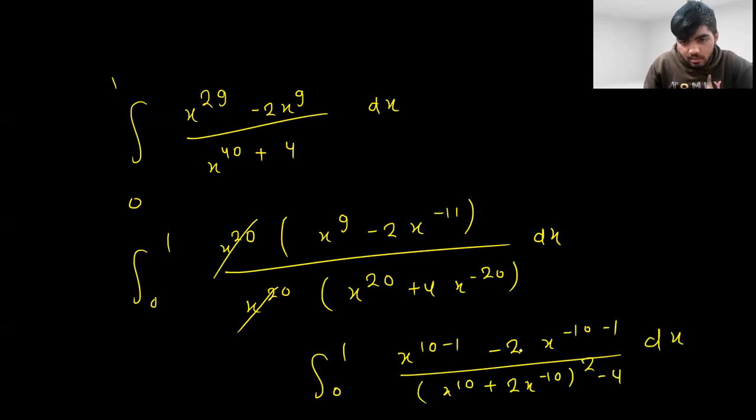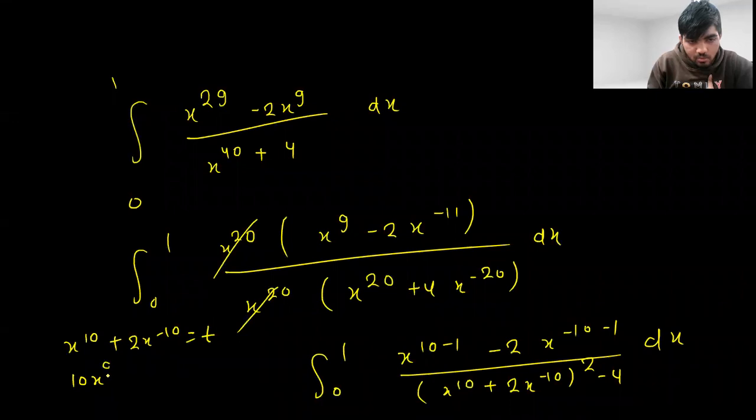Simple algebra. If you substitute x^10 plus 2 times x^(−10) equal to t, and differentiate both sides, then this will become 10 times x^9 minus 20 times x^(−11) dx is equal to dt. So x^9 minus 2 times x^(−11) dx is equal to dt by 10.